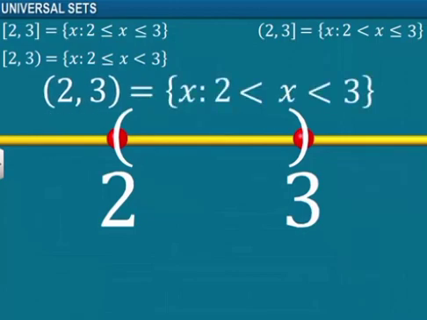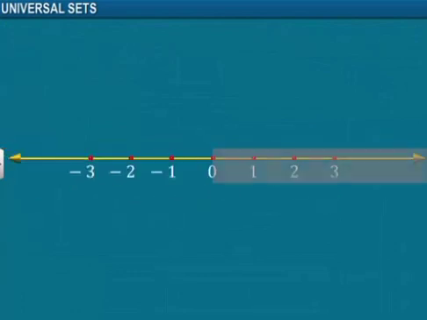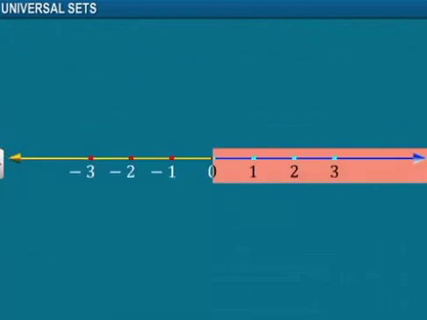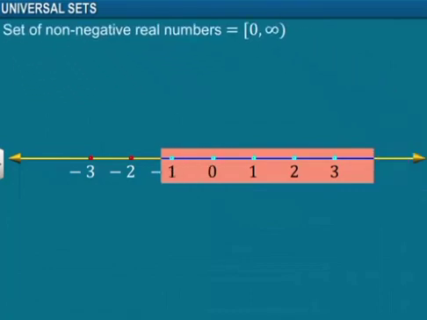Of these sets, the set including the numbers 2 and 3 contains the greatest number of elements. With the observation, we can define some sets of real numbers. The interval 0 to infinity, with 0 included, is the set of non-negative real numbers. The set shown defines the set of negative real numbers.